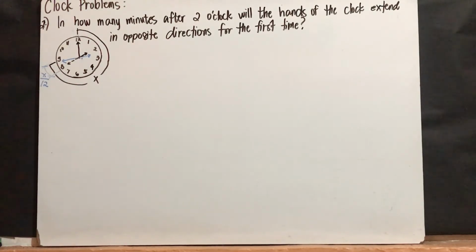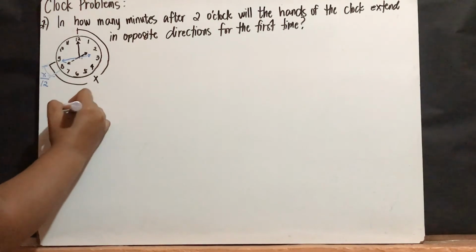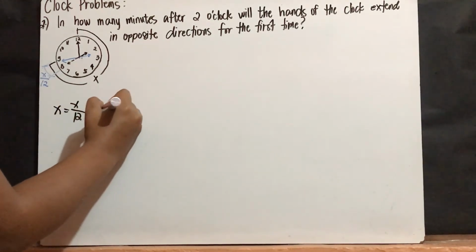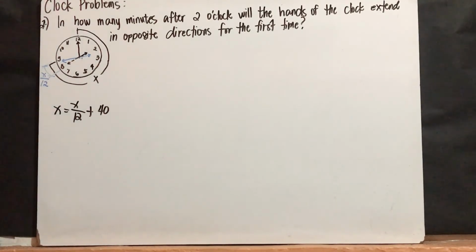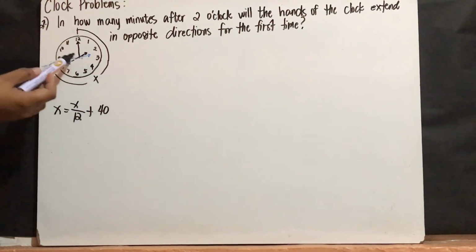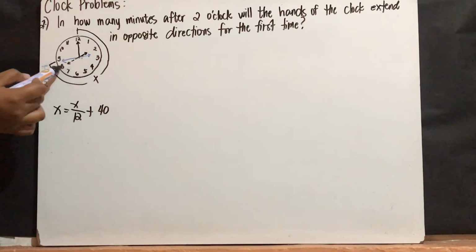So, now in solving for x, let's compute. This will be equal to x over 12 plus 40 minutes. So, yung 40 minutes na yan is nakuha natin dito. So, from 12 to 8 siya because we extended yung hour hand na nakatapat sa 2 doon sa 8.